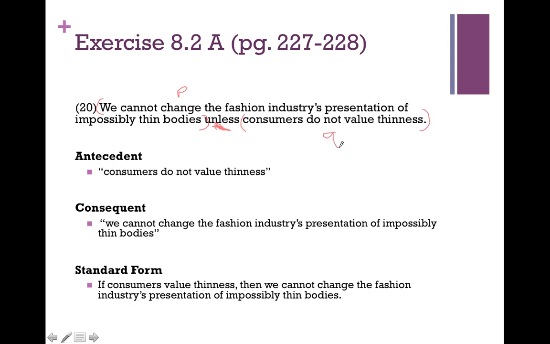This is going to be Q. And like I said, if we say P unless Q, what that comes to is if not Q, then P. The only thing here is that our Q, so to speak, already contains a not within it.